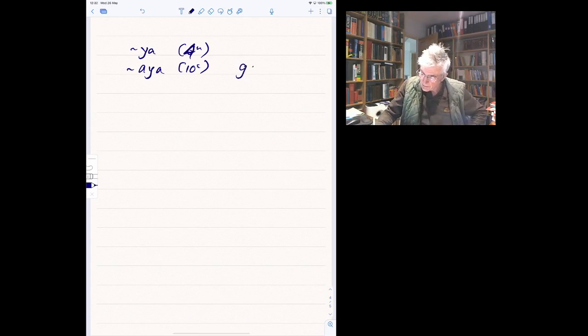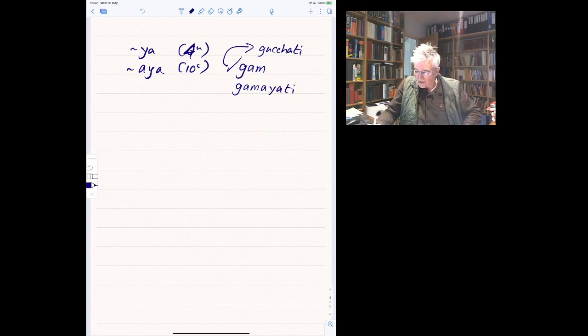So we have gam, to go, the ordinary present tense gacchati, but you make a causative gamayati. Note that in the meaning to go, gam becomes gacchati, but when it's a causative, you just add ayati and you don't alter the root there, gamayati. That aya almost always becomes just an e in Pali. So gamayati, Sanskrit, gameti, Pali.